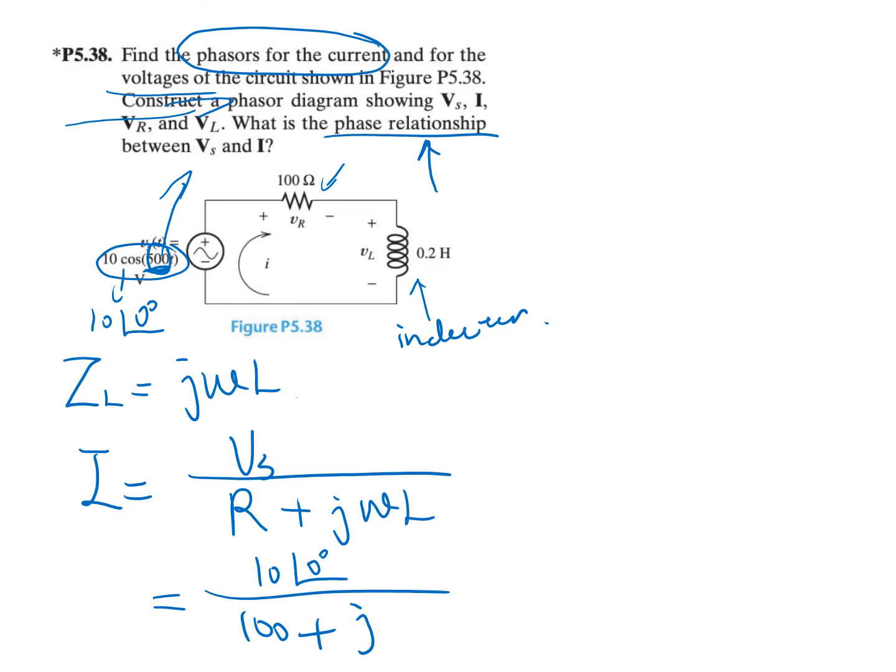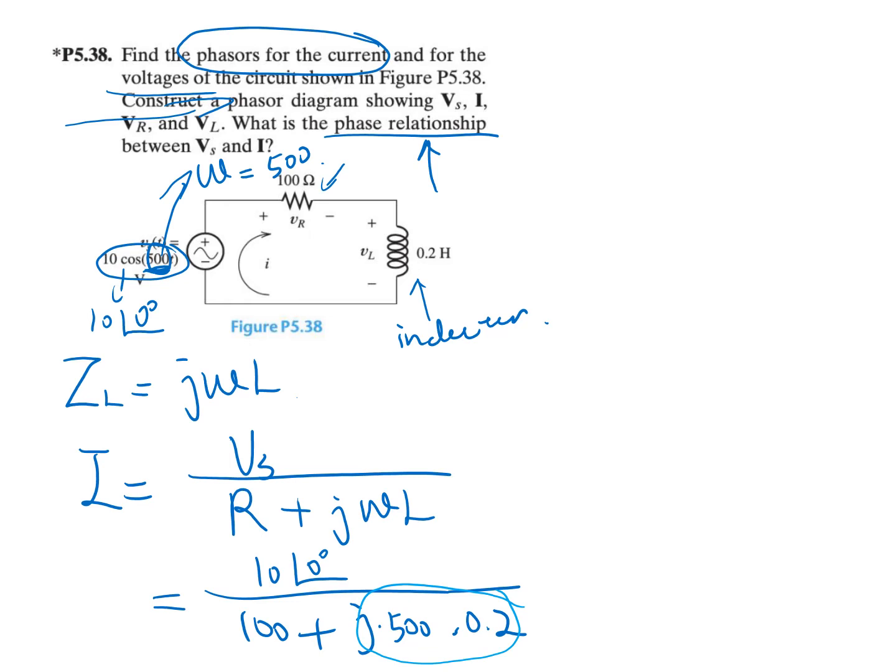For example, here the expression for the voltage source gives us omega equal to 500. So let's substitute 500, and L is 0.2. Now what we need is to calculate the value for this expression.